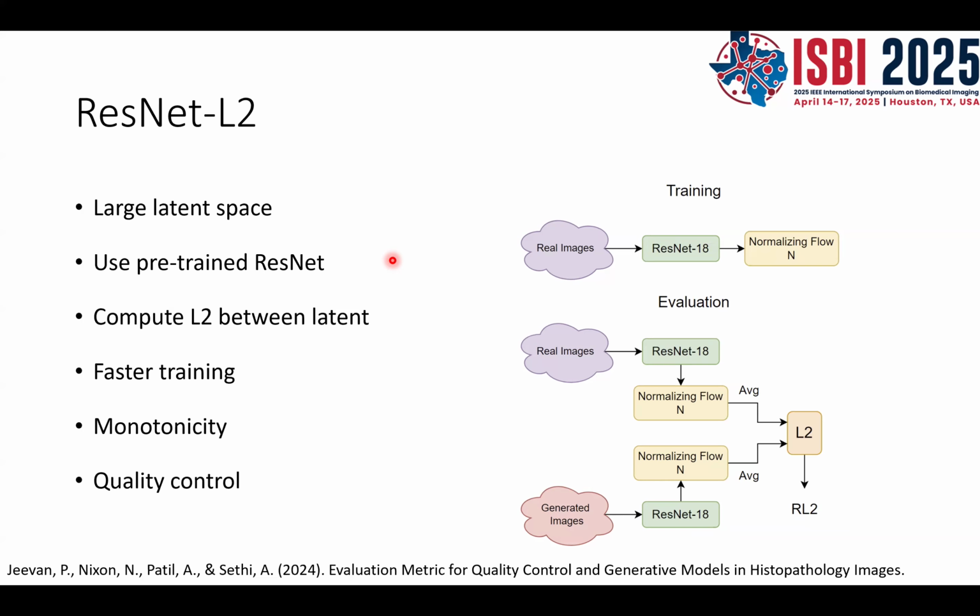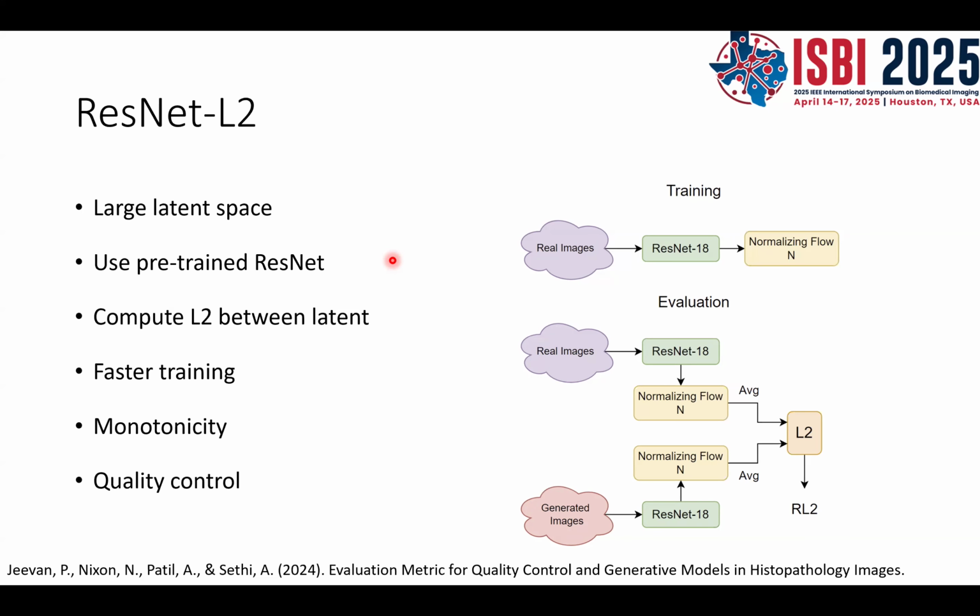We are training a normalizing flow with real images, passing them through the pre-trained ResNet, and then training the normalizing flow to increase the likelihood of the training data. Then instead of computing a loss, we check whether we can use some other distance metric. So we just took the latents from the normalizing flow and computed the L2 distance.